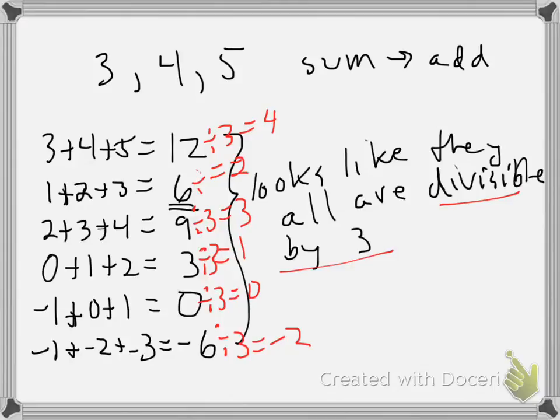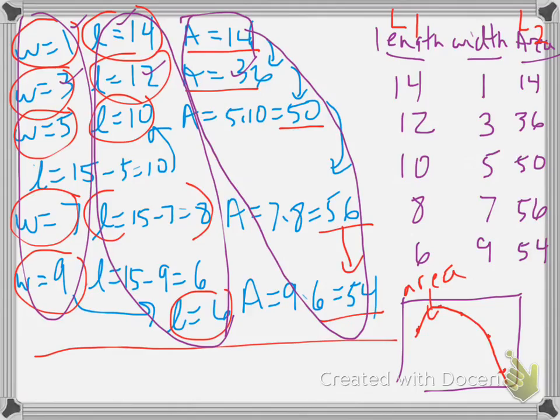Now, a trickier way to do it, so I'm just going to scroll to the next screen, and I'll erase all from previous examples, is what if we called it, you had a number n, the next number after it is called n plus 1. So if this was 3, this is 4, because 3 plus 1 is 4.